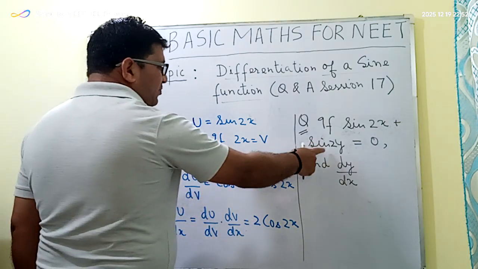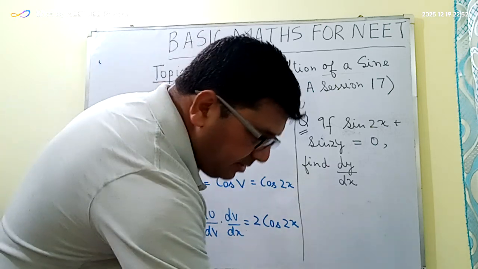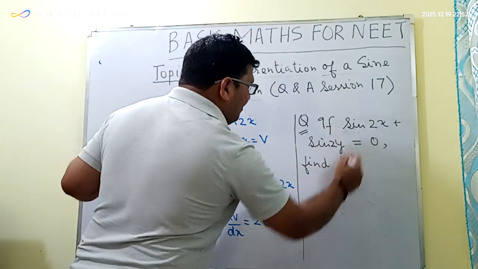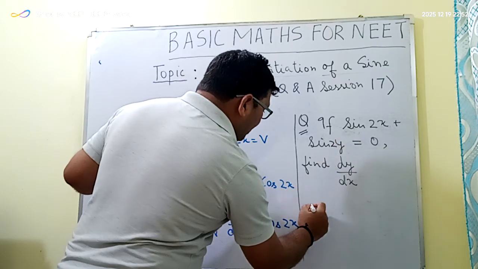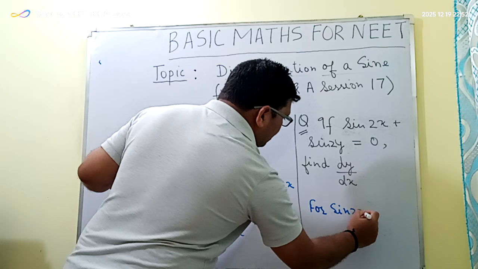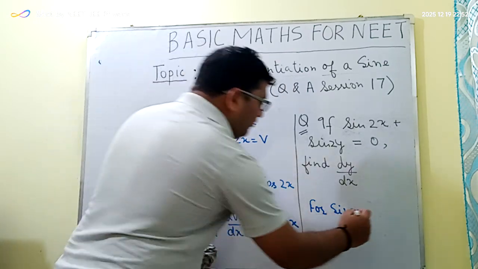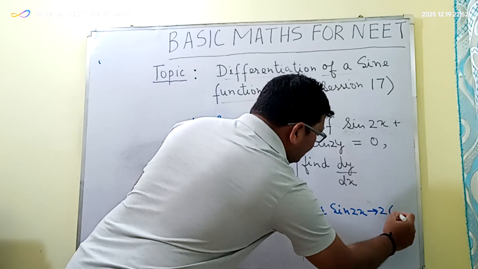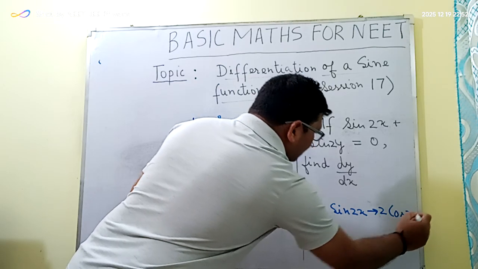Now I will have to find the value for sine 2y. That is for sine 2x, if I differentiate this with respect to x, then I will be getting 2 cos 2x.